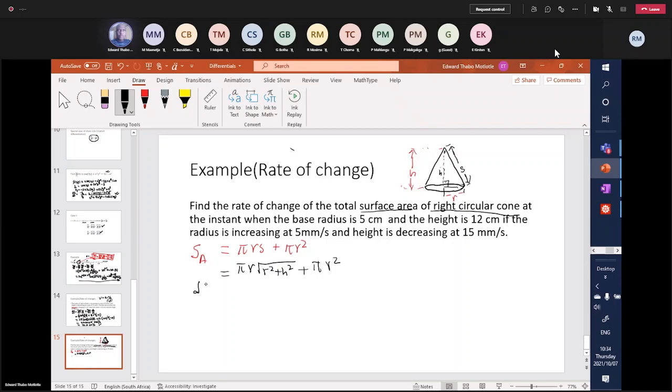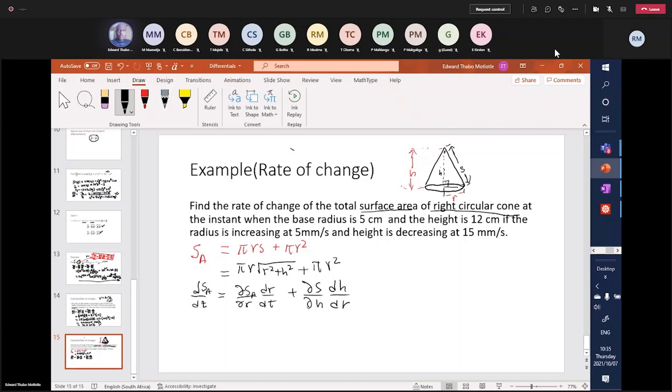Now we are dealing with the rate. The rate at which S is changing, dS/dt, is equal to we differentiate S partially with respect to R, dR/dt, plus we differentiate S partially with respect to H, dH/dt.